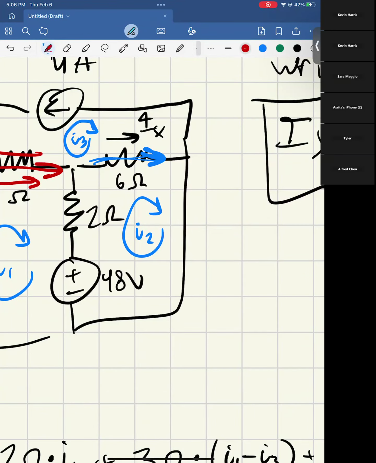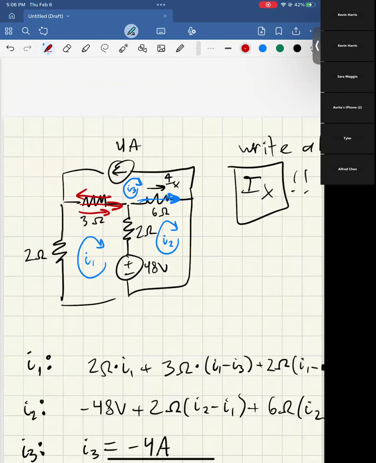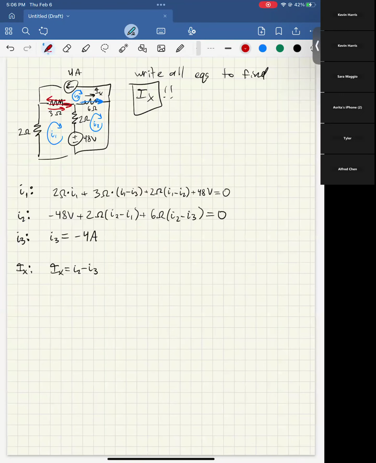From our equations, we can solve to figure out what our I2 and I3 are. I2 and I3 are these variables that we create to help us solve the circuit. And you'd get I1 equals blah, I2 equals blah, and I3, well, we already know it's 4 amps, but we'll get that.